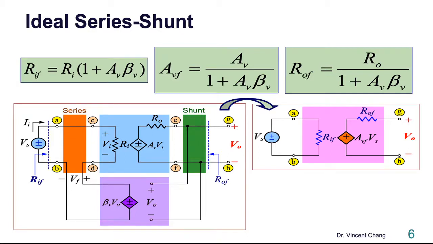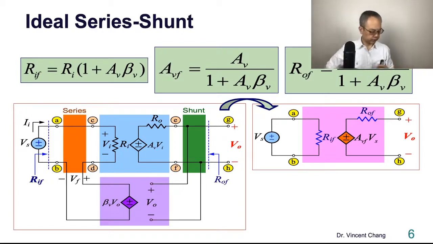This just reminds me, let me ask you another question. What can you do to make a better voltage amplifier? Teacher, what do you mean by that? A good voltage amplifier should have what input resistance, or what output resistance?